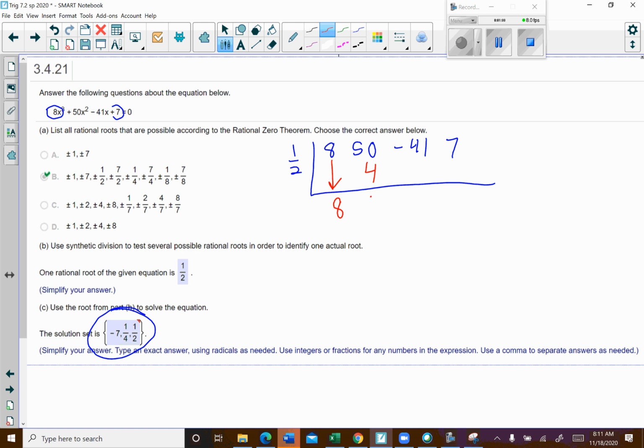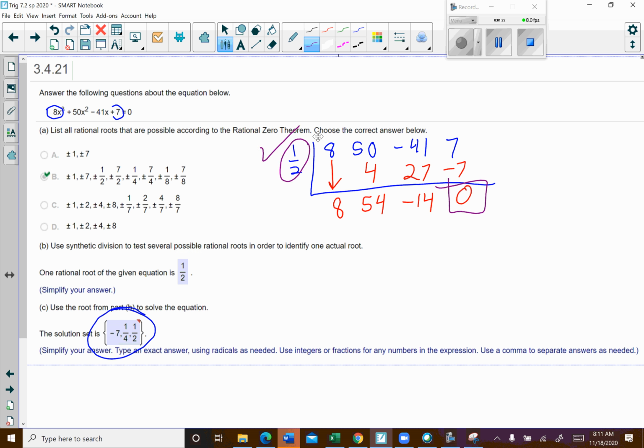Add that together, which is 54. Multiply that, so 1/2 of 54 would be 27. 27 and -41 would add up to -14. -14 times 1/2 would give you -7, remainder 0. And that's how we know that 1/2 is one of my solutions.